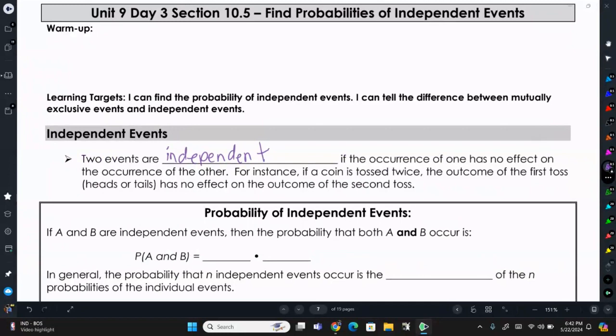If I get a heads the first time, it doesn't mean the second one has to be a tails, so that way it's 50% heads, 50% tails altogether. It's just that each event does not affect the one following.